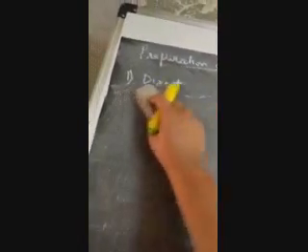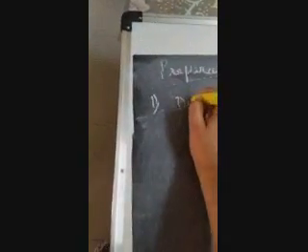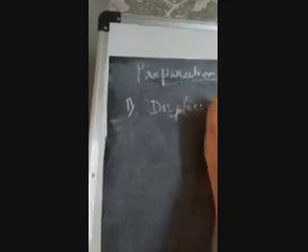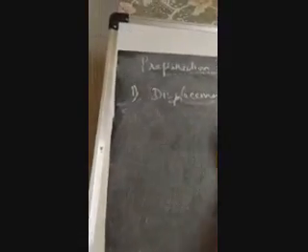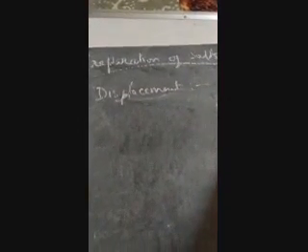Next comes displacement. Obviously displacement reactions will take place where, as I said, one of the products is either solid, gaseous, or forms a precipitate. Suppose we want to prepare iron sulfate.